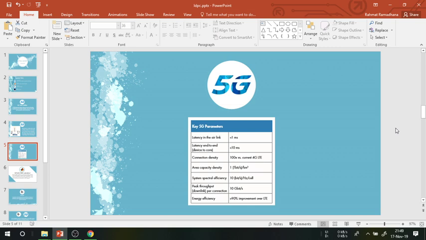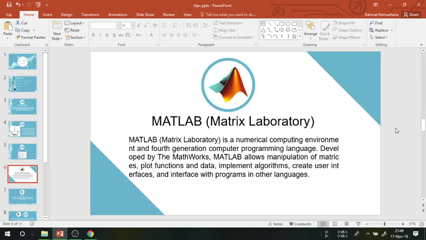System spectral efficiency 10 bits per second. Peak throughput or downlink per connection is 10 Gbps. Energy efficiency upper 90% improvement over LTE. This is 5G. And then next, about MATLAB.